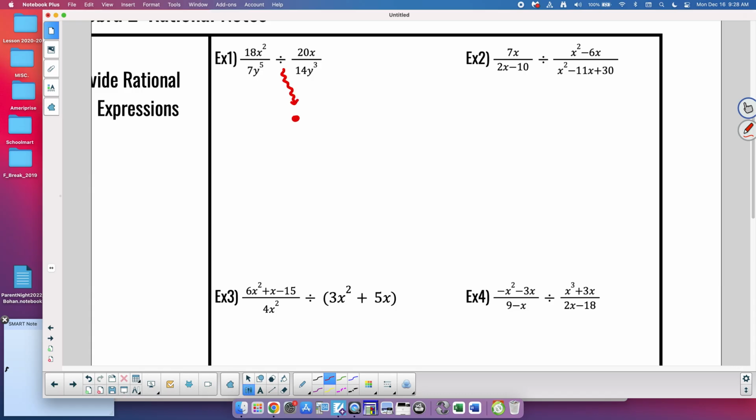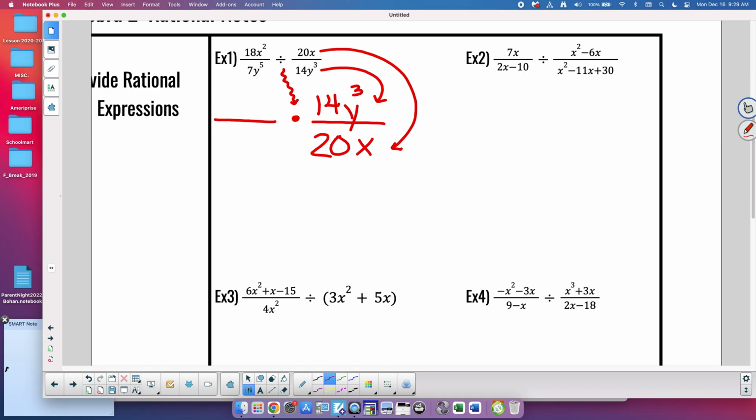You multiply by the what? What do you multiply by? Not the opposite. Flip. What's the name for flipping? Reciprocal. Yeah, this goes down here. This goes up here. So it's 14y cubed over 20x. And of course, the first fraction you will not change.